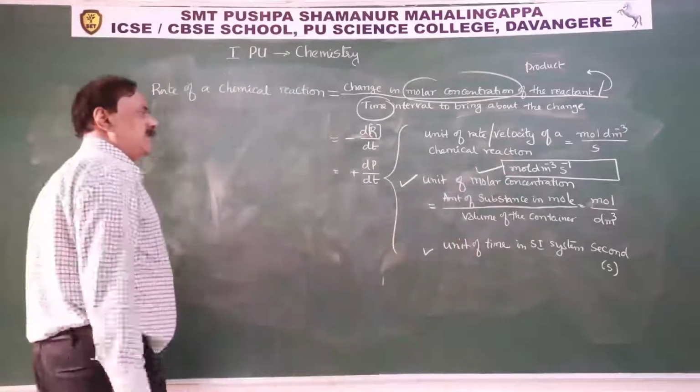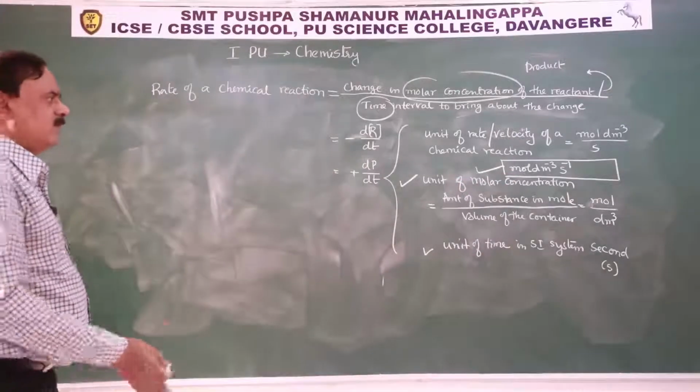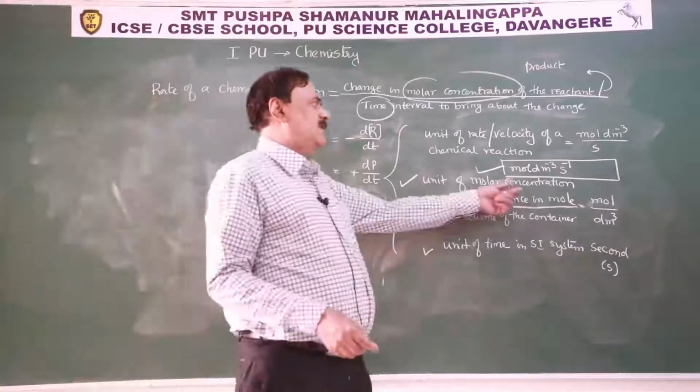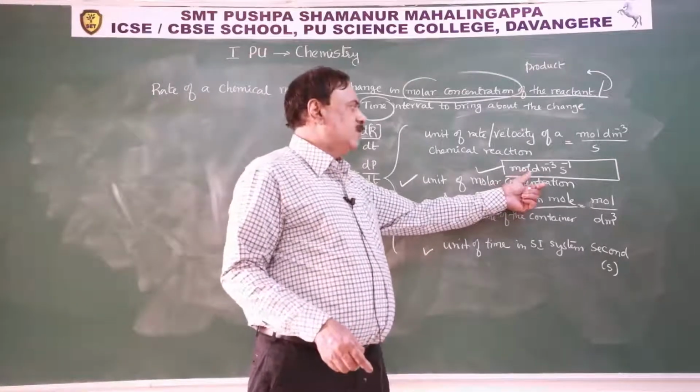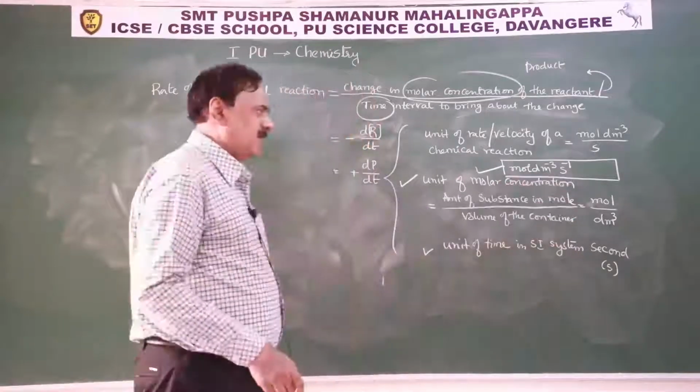This is very important for one more question. Usually they ask, mention the unit of rate or velocity of a chemical reaction. The unit of velocity or rate of a chemical reaction is moles per cubic decimeter per second.